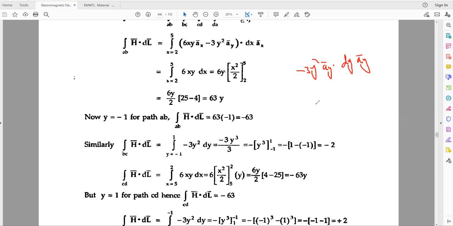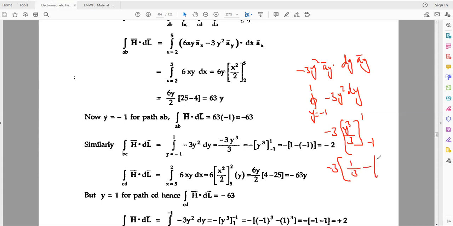So a_y bar dot a_y bar is 1. So the integral from y is equal to minus 1 to 1 of minus 3y square dy gives minus 3y cube by 3, upper limit 1 and lower limit minus 1.